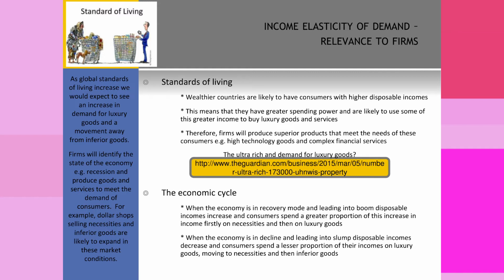When the economy is in decline, so all output is declining, perhaps incomes are also decreasing, consumers will spend less on luxury items and will move more into buying their needs like necessities. So as we get richer, we buy nicer stuff, and as our income lowers, we buy inferior goods.